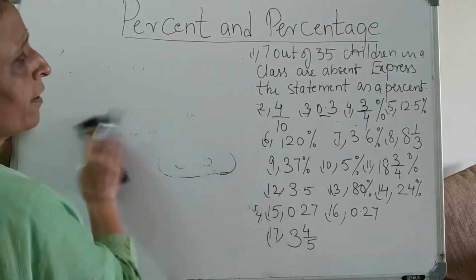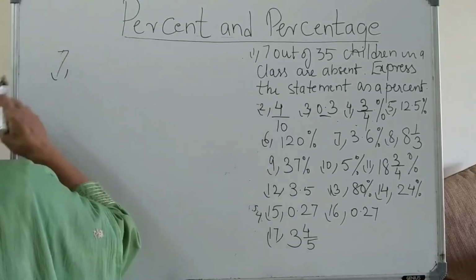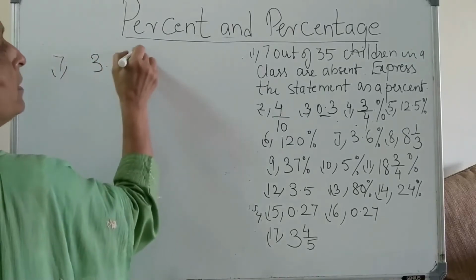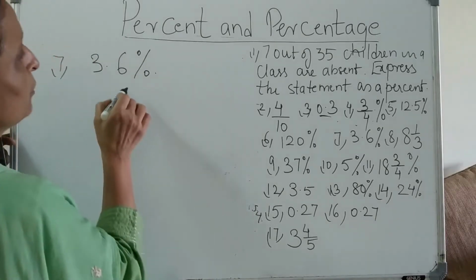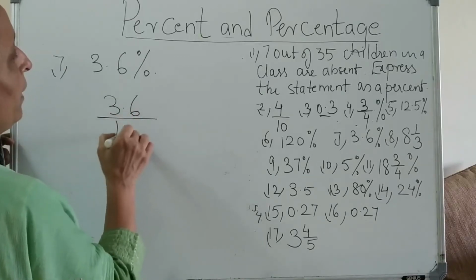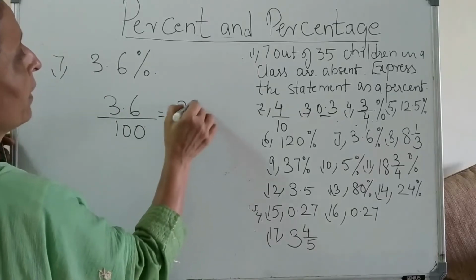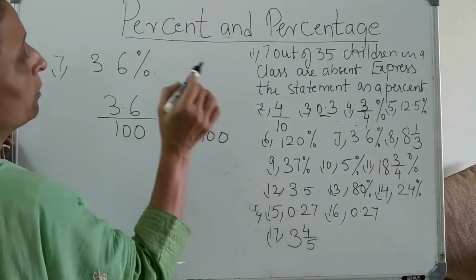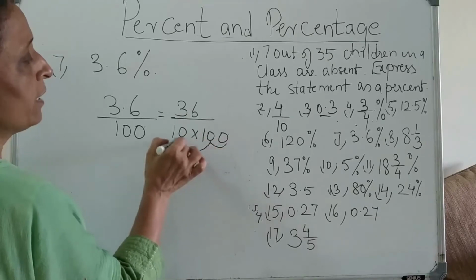Now next 7, that is 3.6%. Now this is in percent. I have to get into fraction or decimal, so I have to divide. So 3.6 divided by 100. Now to remove this point, I write 36 by 10 into 100. Now here there are 3 zeros, 1 and 2 and 3 zeros.